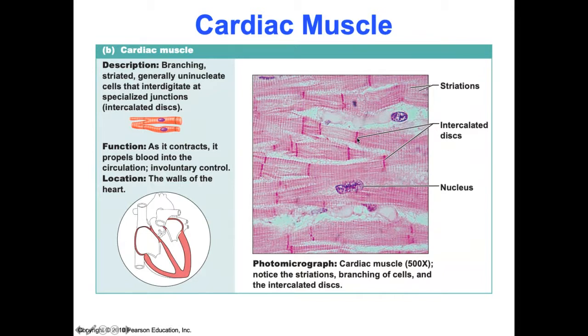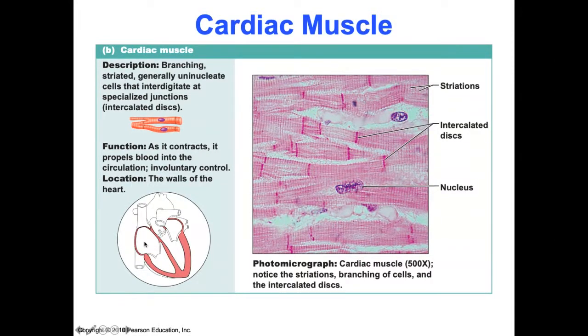If you think back to what brings cells together, there are different types of cell junctions. There are tight junctions, gap junctions, desmosomes, hemidesmosomes, adherens junctions. These are intercalated discs. They're formed by gap junctions, and gap junctions are used for fast, rapid forms of communication.